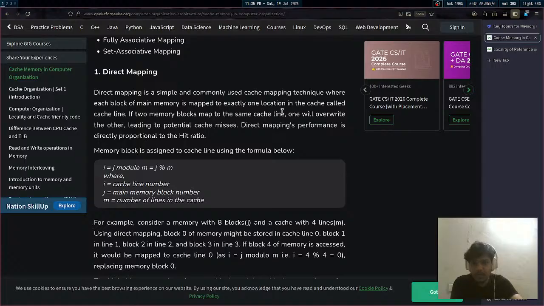Direct mapping performance is directly proportional to hit ratio. Yeah, that is true, because we are technically overwriting things, right? So we have to make sure that whatever we are overwriting is actually something which we did not really need.